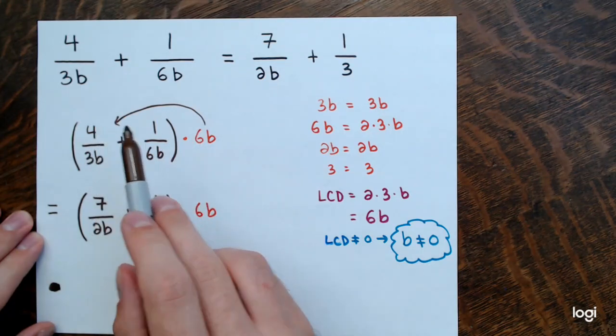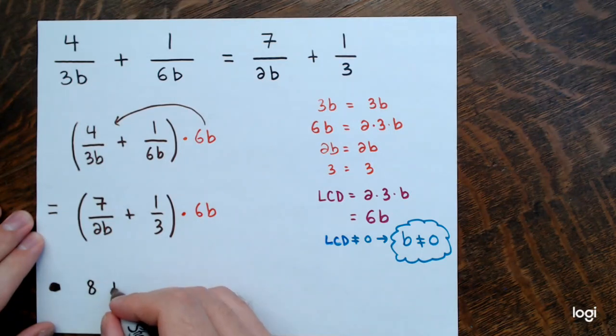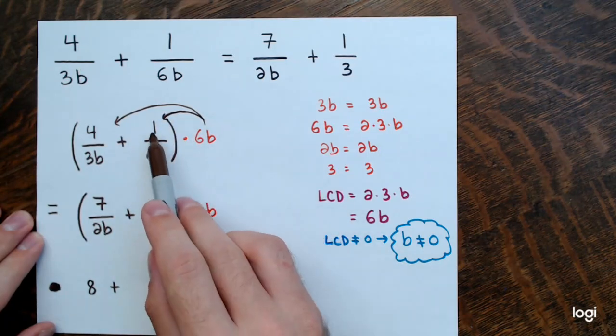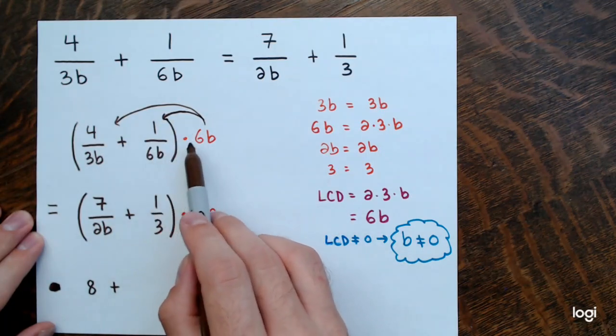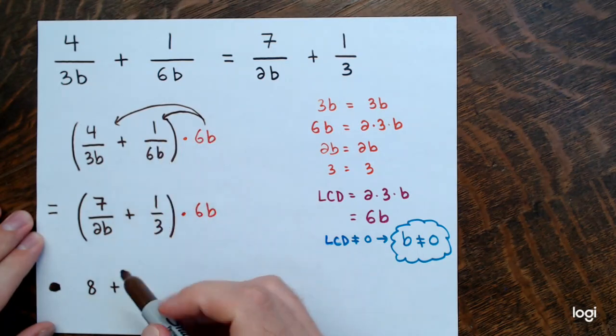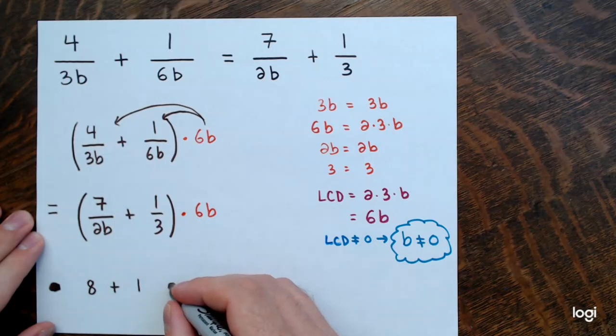So this ends up being 4 times 2, or 8, plus, and then times the next term, you have 6B in the denominator, then you'd have 6B in the numerator. Those would totally cancel, you'd be left with just 1. Alright, so the left side, after multiplying by 6B, is simply 8 plus 1, or 9.